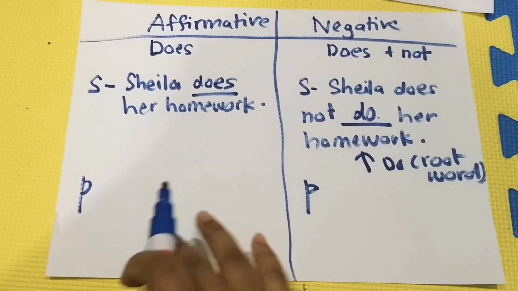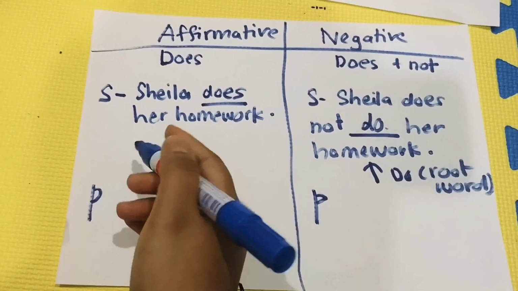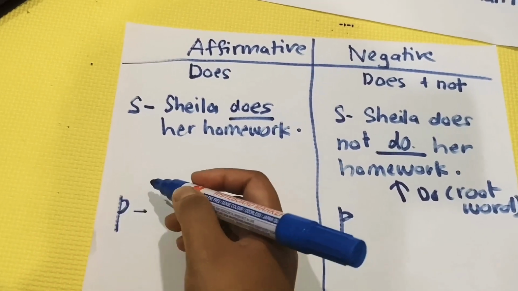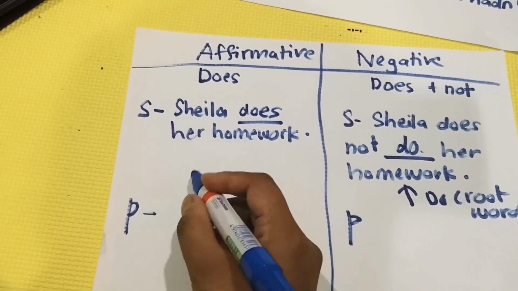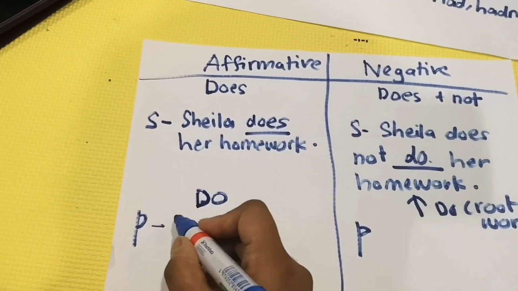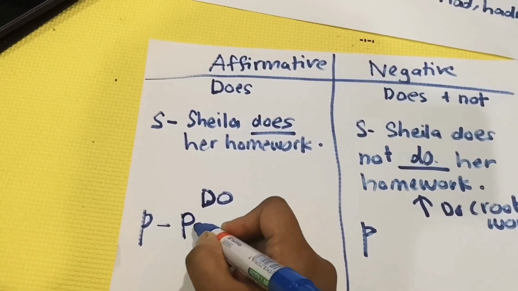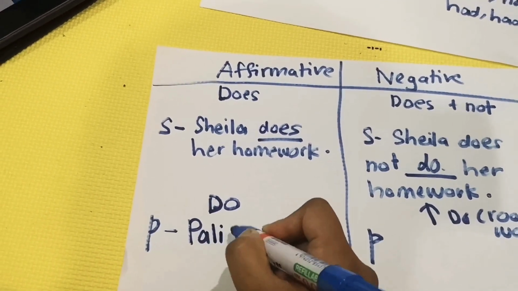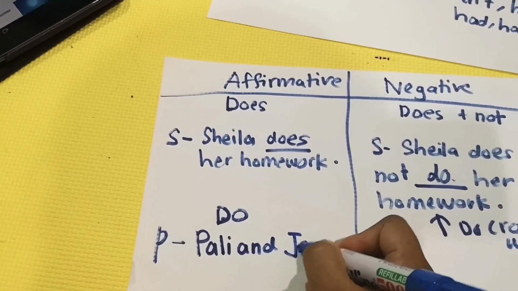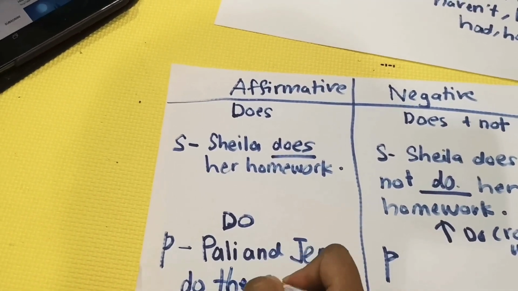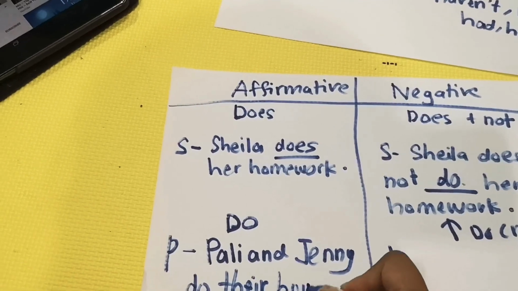Now let's look at the plural one and see if you can apply what we understood about singular. Okay, for plural, using the word do, Polly and Jenny do their house chores.